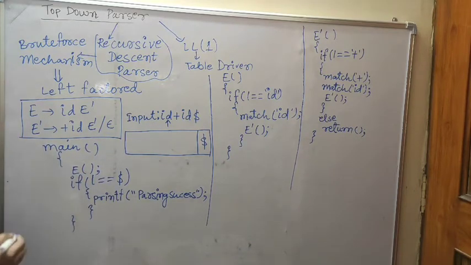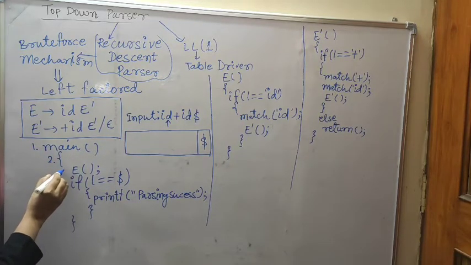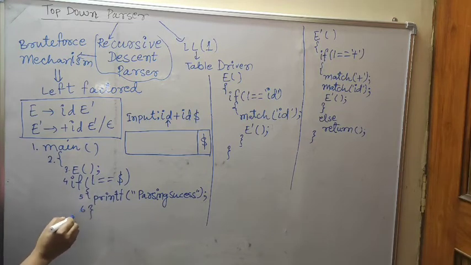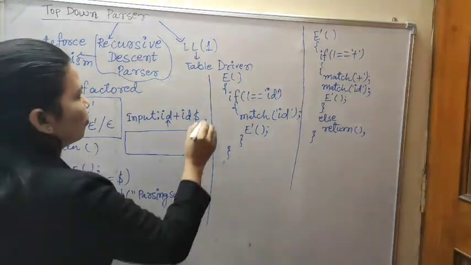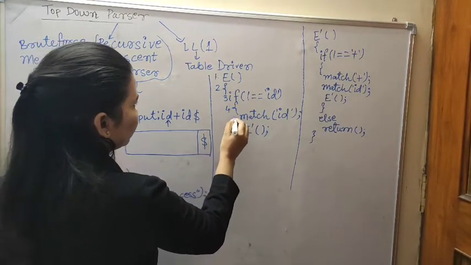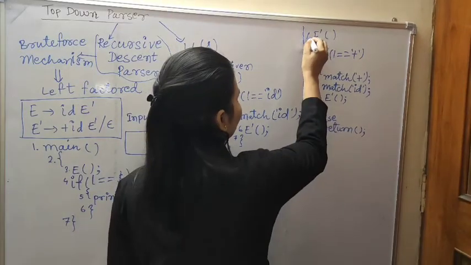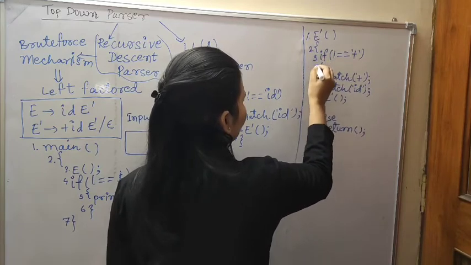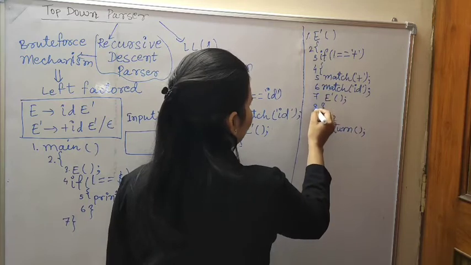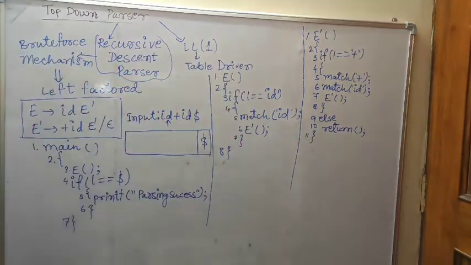Before I explain, first write the number of every line. These are the line numbers.